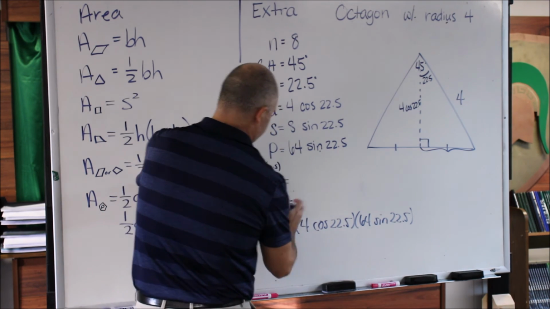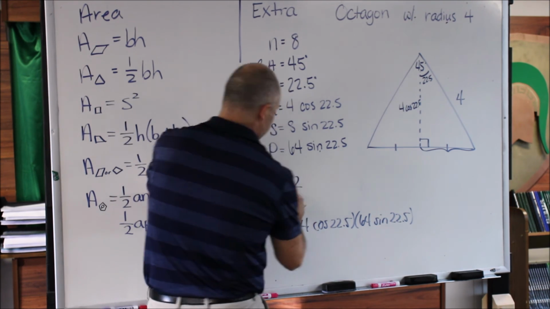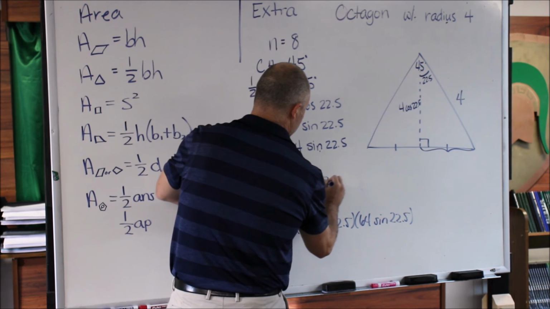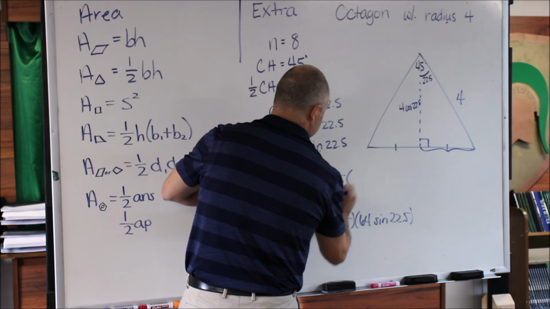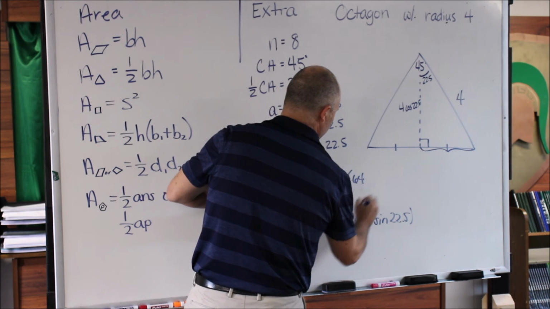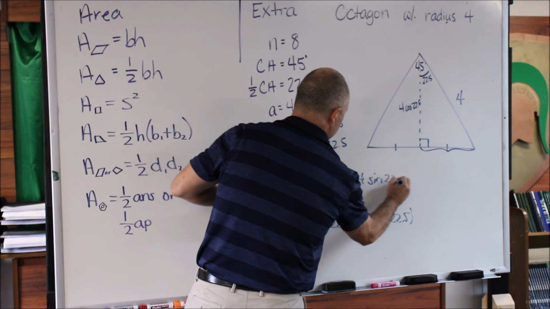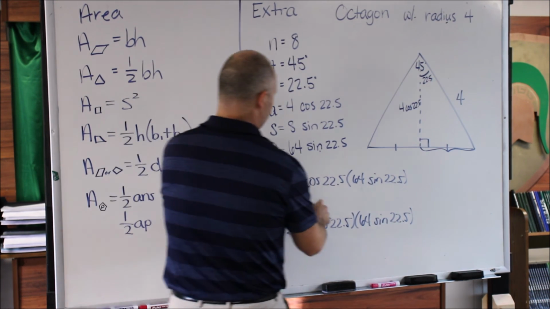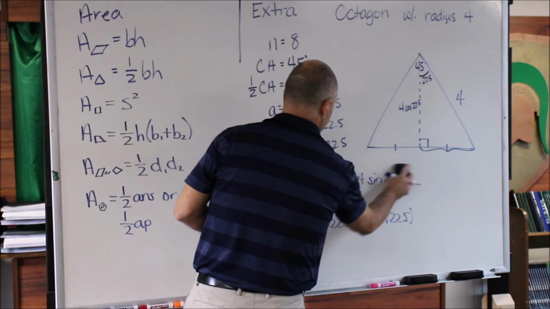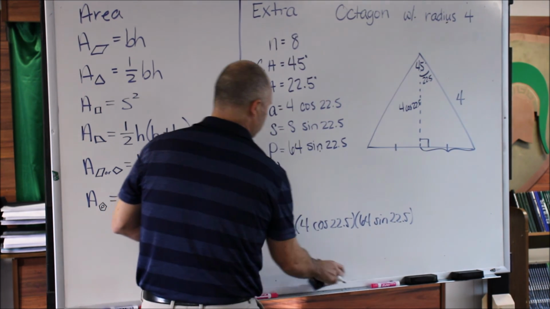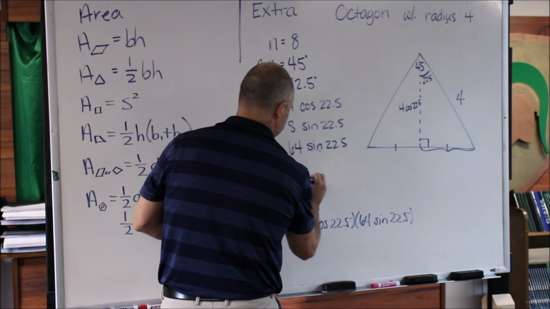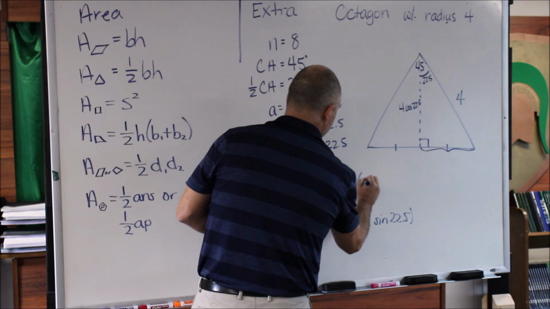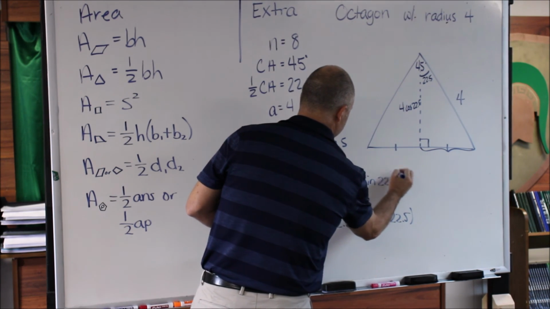So I get for this, area 1, this is the actual, so I'm going to put equals on this: 2 cosine of 22.5 times 64 sine of 22.5. I could actually take this even further and multiply this 2 and this 64 together, which gives me 128 cosine of 22.5 sine of 22.5.